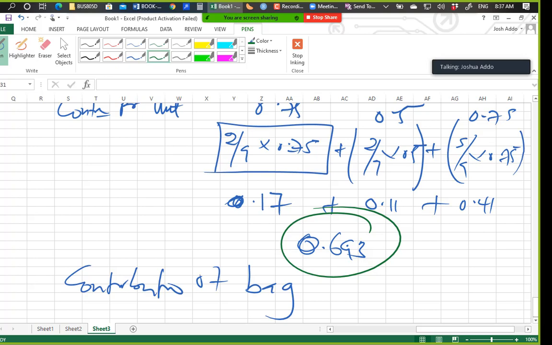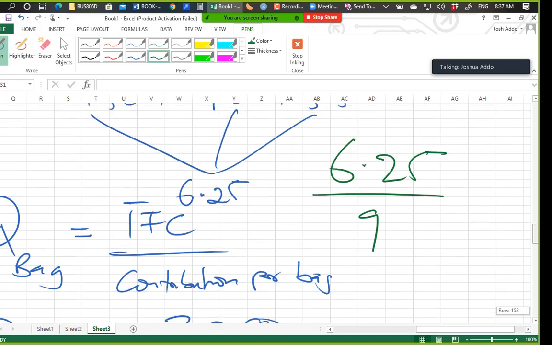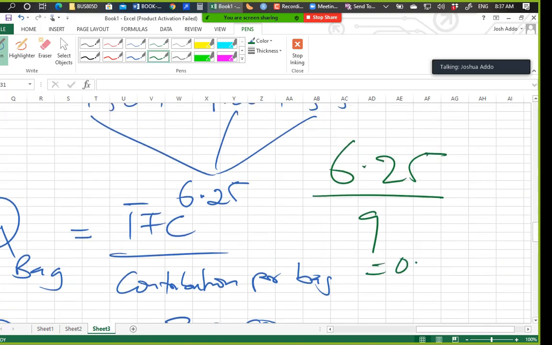Because we have rounded here, you will get that slight difference, but they are exactly the same. So let's say 0.694. Because of rounding issues, you will always get some small differences.